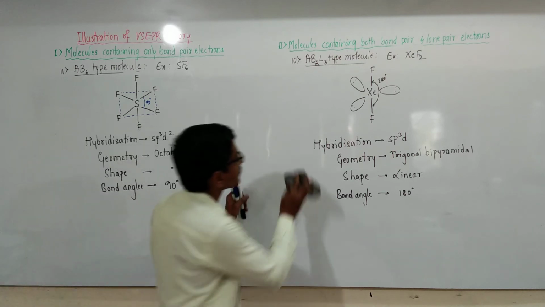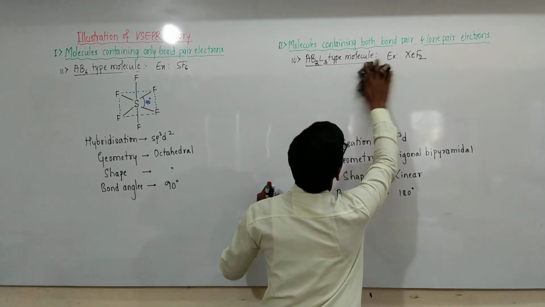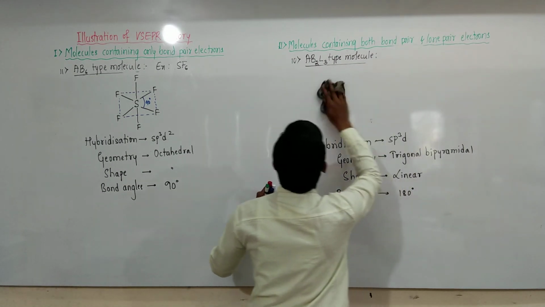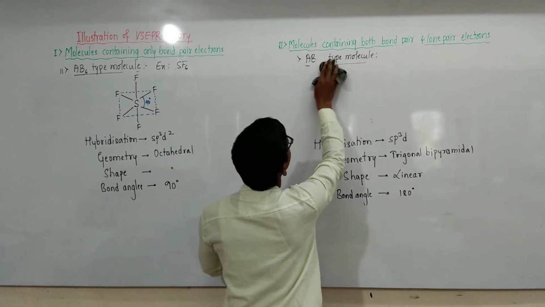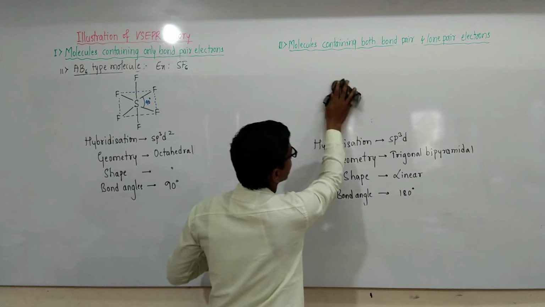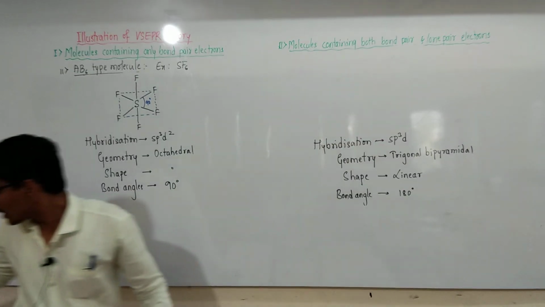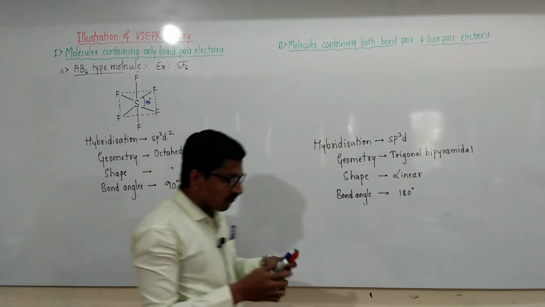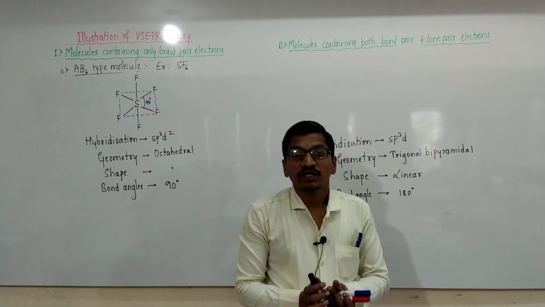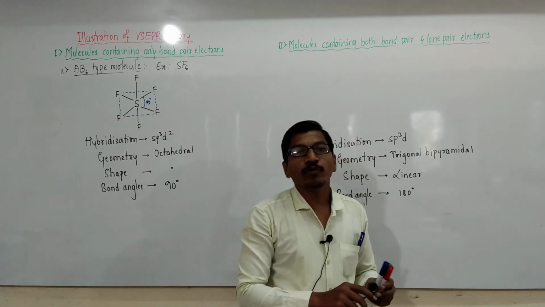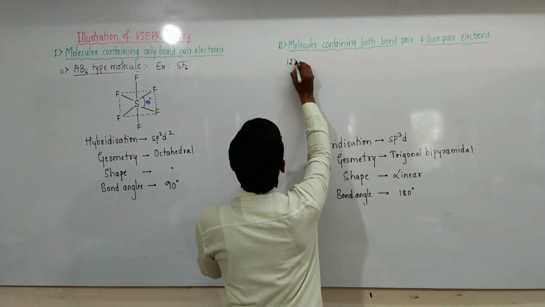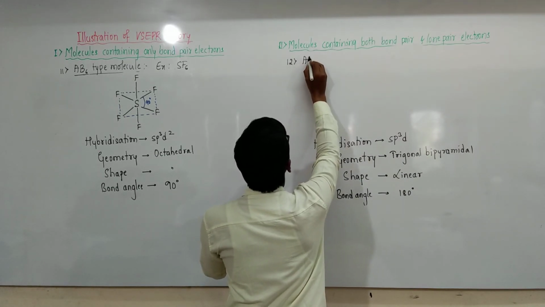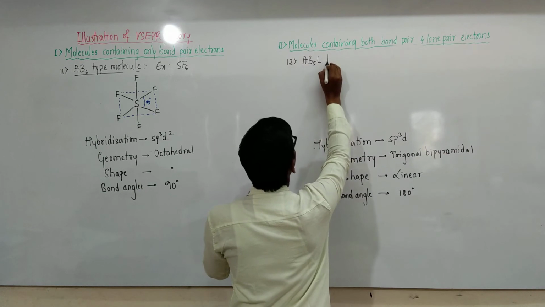Next is another example of AB6 type of molecules, where one of the bond pairs is replaced by a lone pair. The 12th example is AB5L type of molecule.